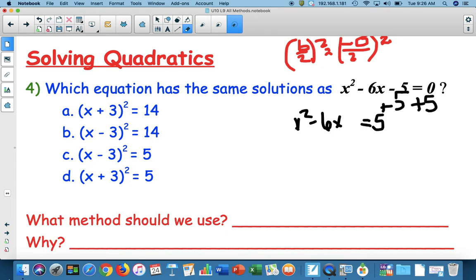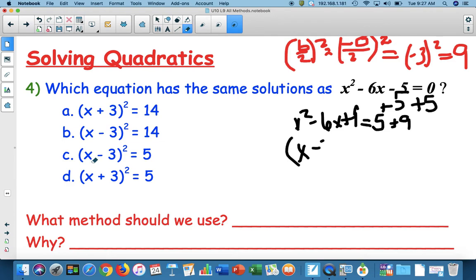All right. Oops, it's got a little off screen. Let me go back up. And then that's going to equal negative 3 squared, which is going to equal 9. So we're going to be adding 9 to both sides. So I have x squared minus 6x plus 9. Factor this down.